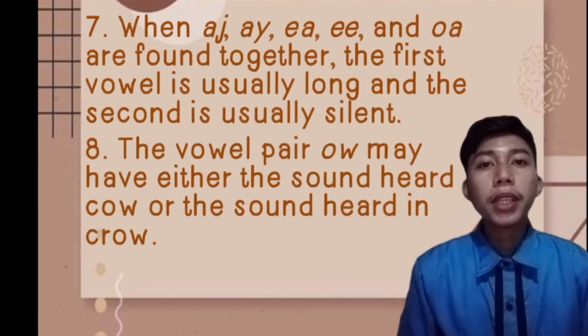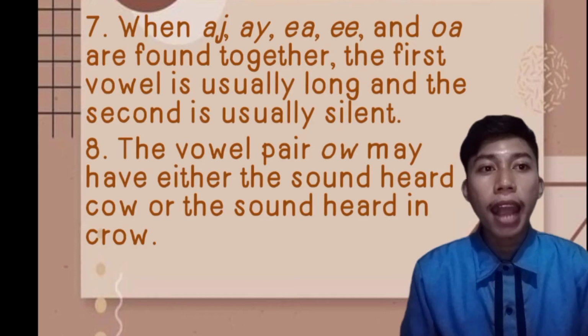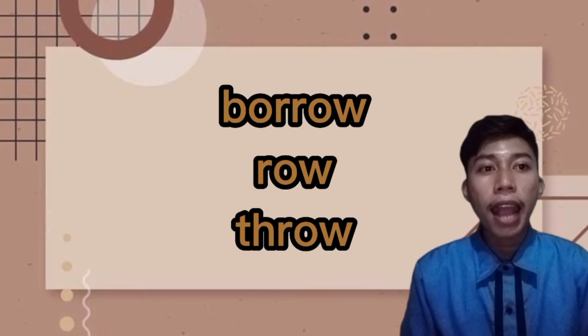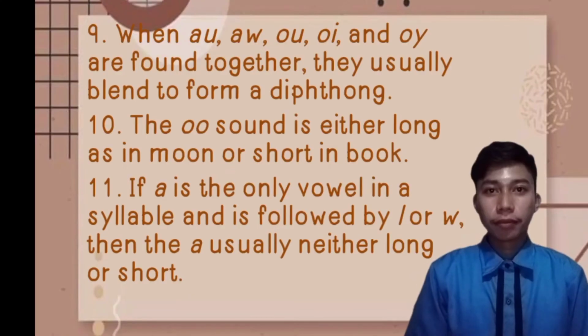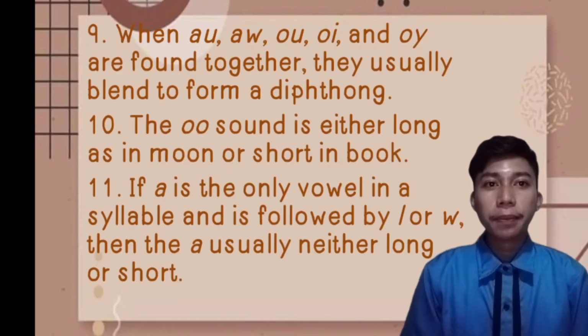Rule number 8. The vowel pair OW may have either the sound heard in cow or the sound heard in crow. Example, borrow, row, throw. Rule number 9.